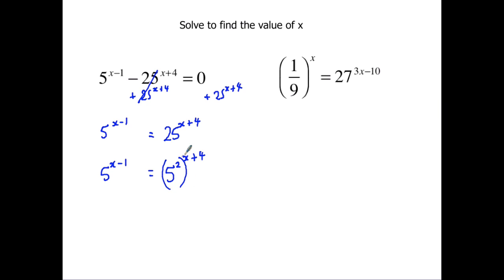So if we tidy this up a little bit on the right hand side, we've got 5 to the x minus 1 equals, we'd always multiply this lot together, so we've got 5 to the power of 2x plus 8. Since they're now both from the same base, we can just switch to looking at just the indices. So x minus 1 must be equal to 2x plus 8. And solving this from here, well, subtracting the x and adding the 8 over to the side tells us that x must be 9.